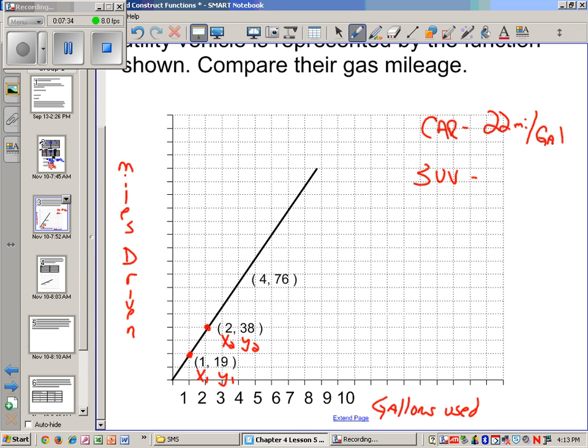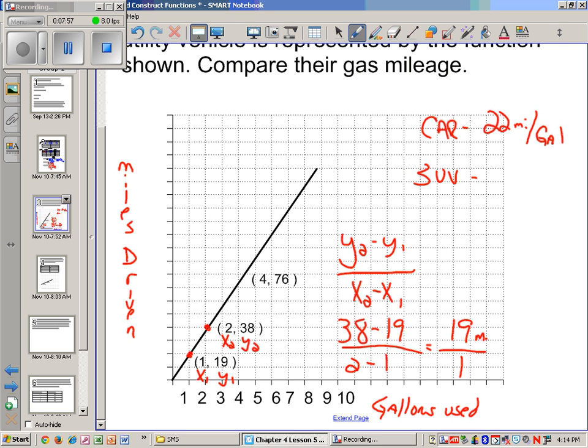Once again, we're going to use our slope formula, and we're just going to fill in what we've tagged. Y2 is 38, minus y1 is 19, all over x2 is 2, minus x1. 38 minus 19 gets us 19, over 1.